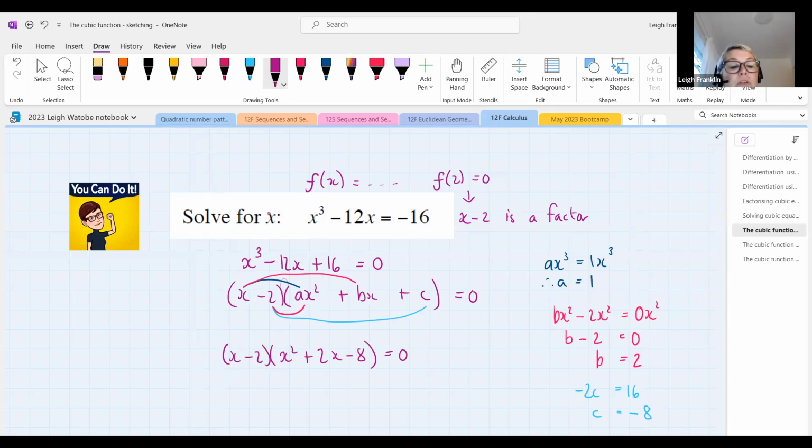Now we need to factorize our trinomial. This gives us x minus 2. Whoopsie daisy. It's so irritating when it does that. And now we've got to find our factors for x squared plus 2x minus 8. So what numbers are we going to use, Matrix?